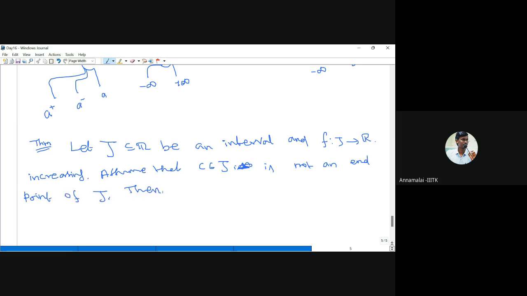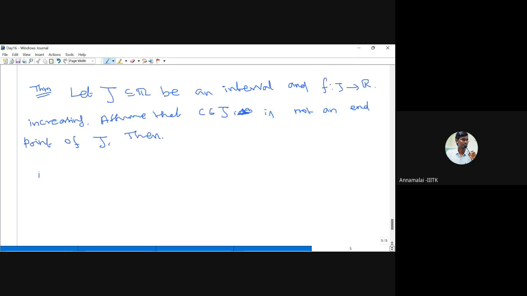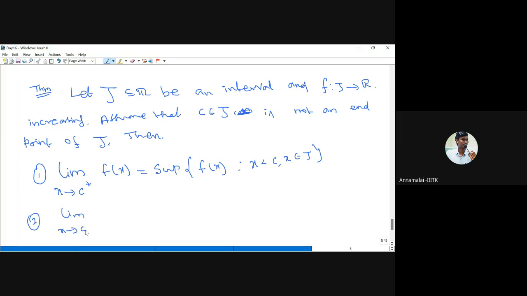Then the right hand limit of the function at the point C, the limit x goes to C plus of f of x, is nothing but the supremum of f of x for all x less than C, where x is an element of J. So you find f of x for all x less than C and take the supremum; that is the limit. The other limit is the infimum, the greatest lower bound, of all f of x for x bigger than C, where x is an element of J. So the limits are the infimum and supremum of these collections.